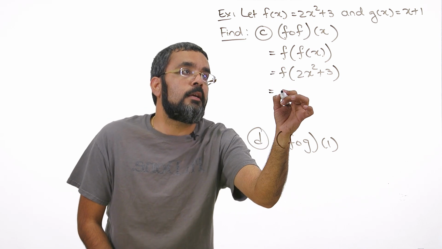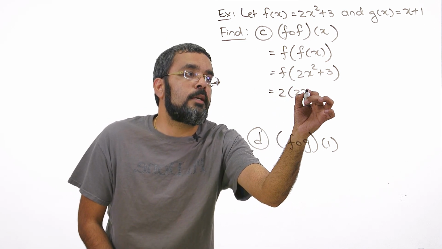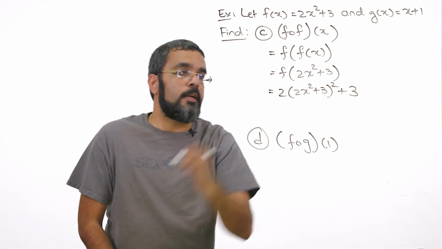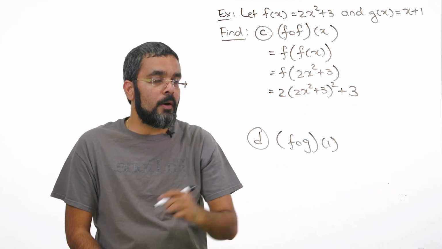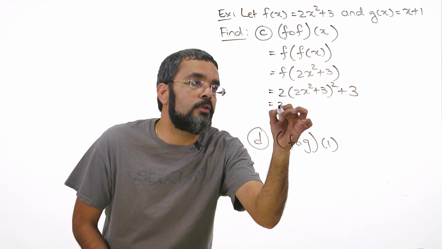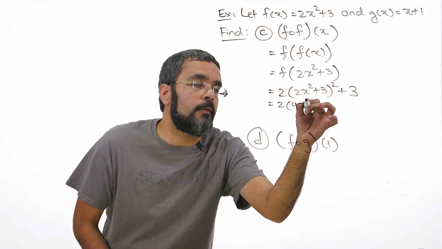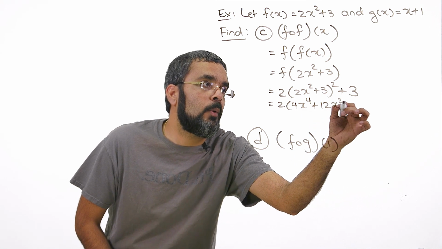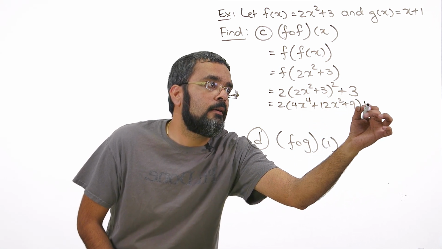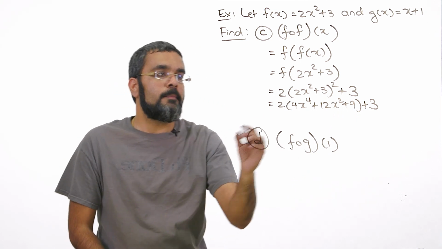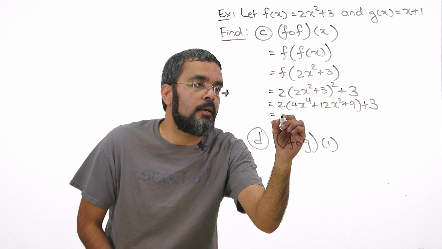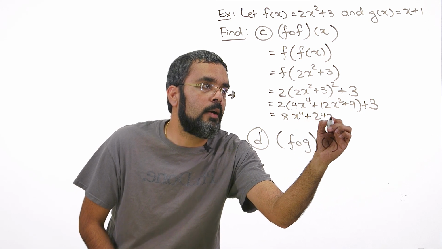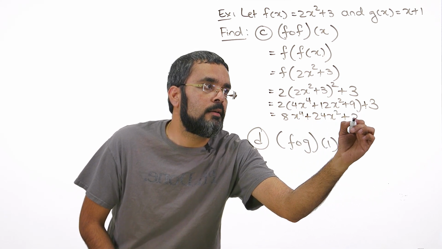So that's going to be 2 times (2x squared plus 3) squared plus 3. Or we can write this as 2 times (4x to the 4th plus 12x squared plus 9) plus 3. And if I simplify that further, I would get 8x to the 4th plus 24x squared plus 21.